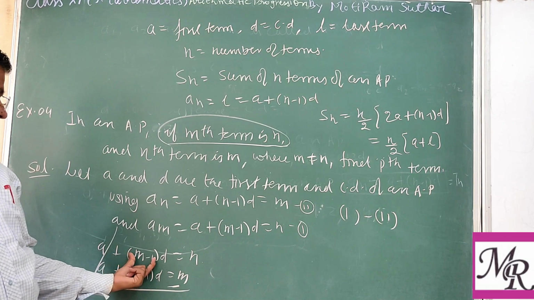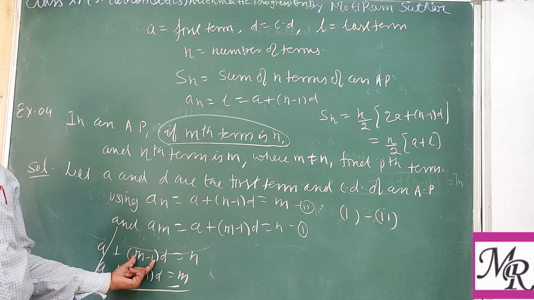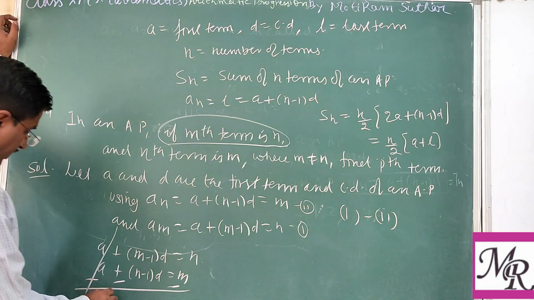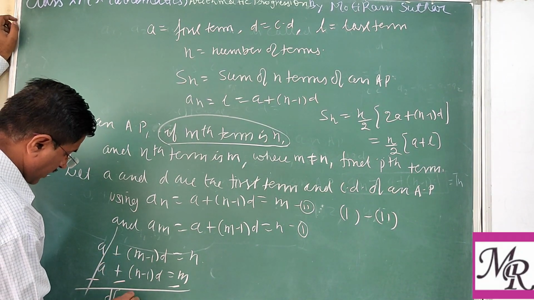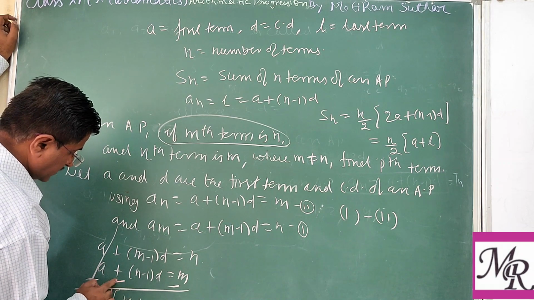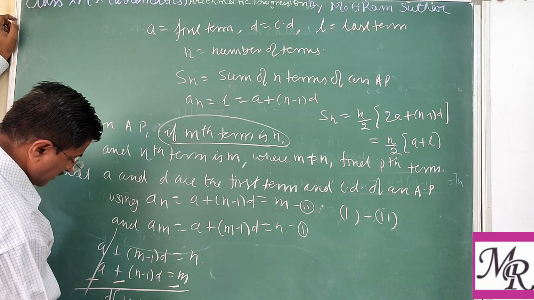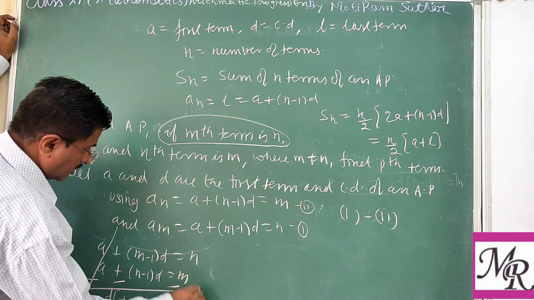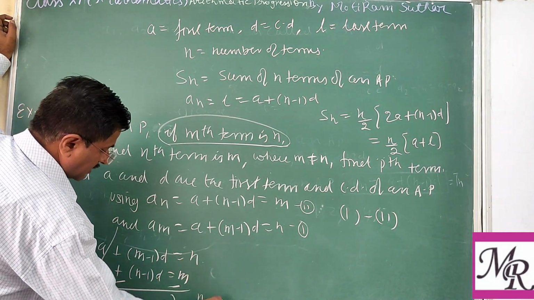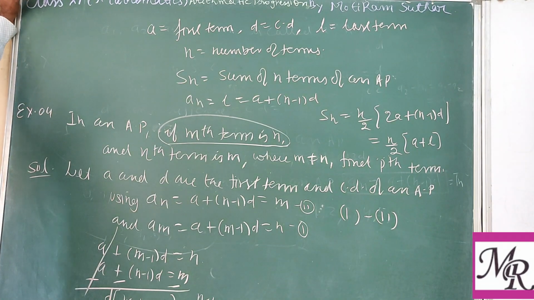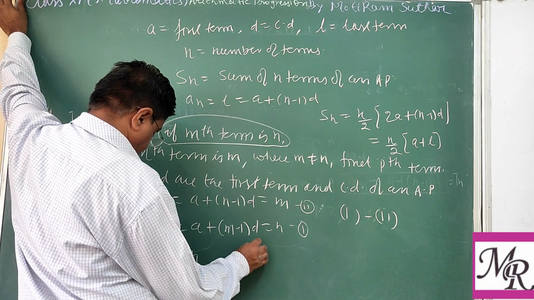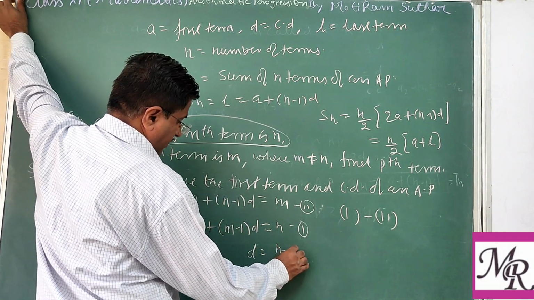If you take d common, what will be left? M minus 1 minus n minus 1. So taking d common, m minus 1 minus n, minus minus plus 1. This is d equal to n minus m. So here 1 and minus 1 cancel. So finally we get d times m minus n equal to n minus m.